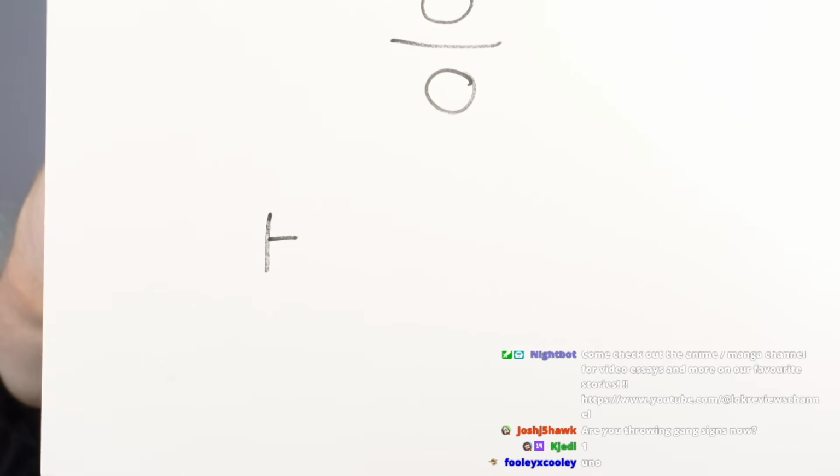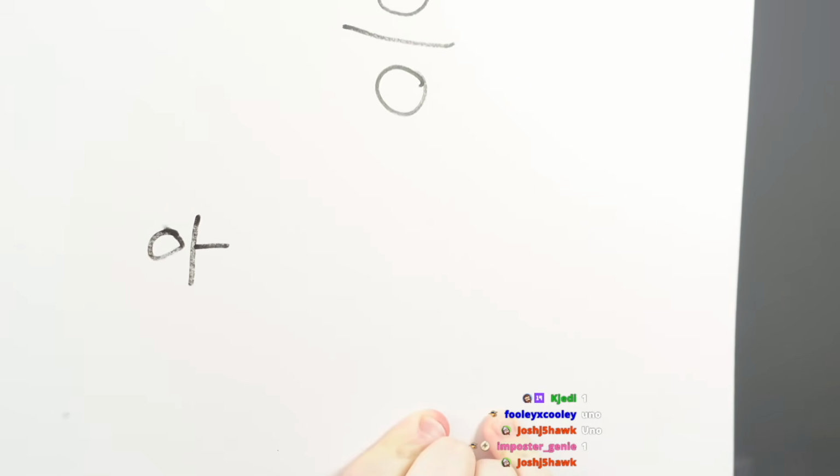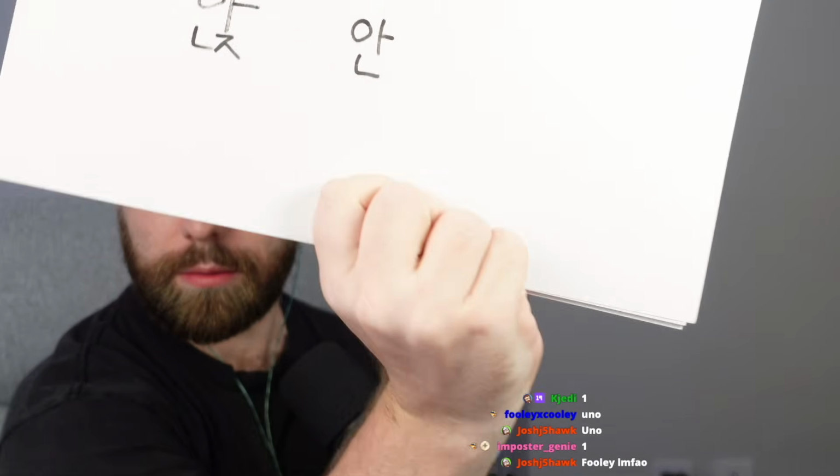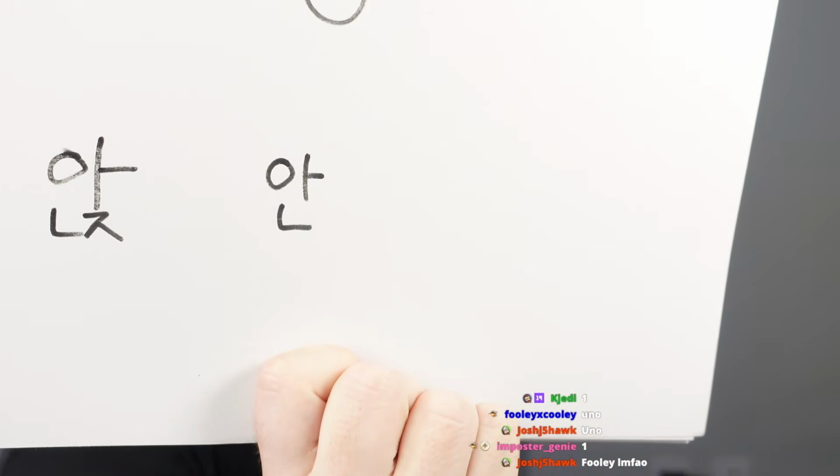It's just one, right? So every single Korean syllabic block has to have at least 2 and max 4, but they can also have anywhere in between, which is 3.